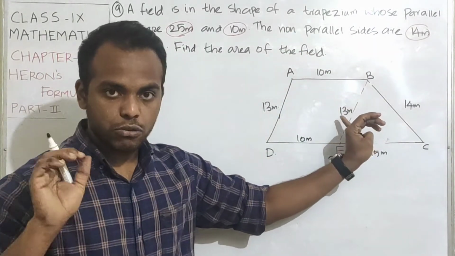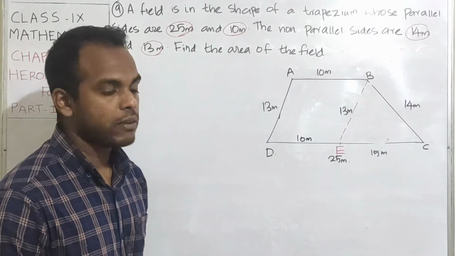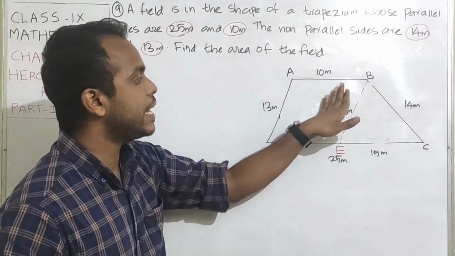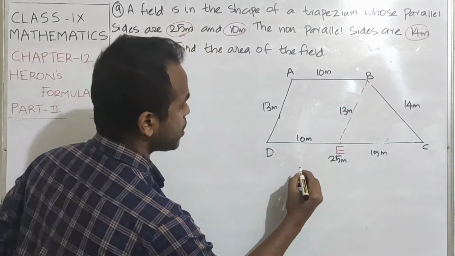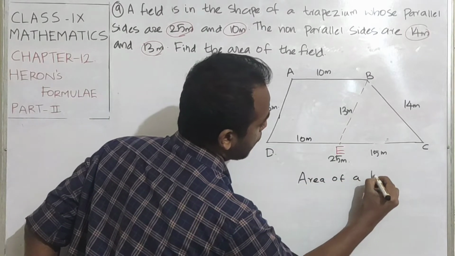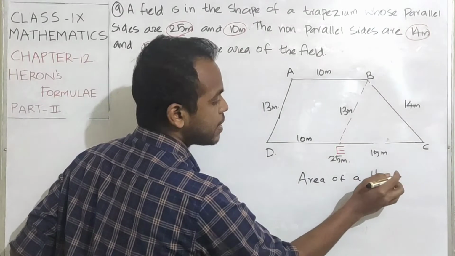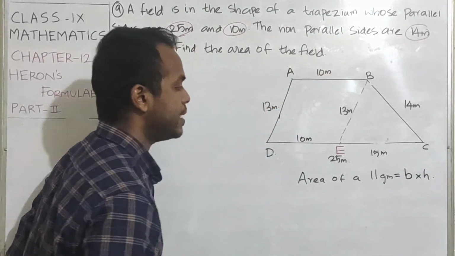If the three sides are given, we can use Heron's formula. Now that's not the end of our problem, because we need to find the area of the parallelogram also. You should learn the equation for the area of a parallelogram. It is symbolically written as area of parallelogram is equal to base into perpendicular height.